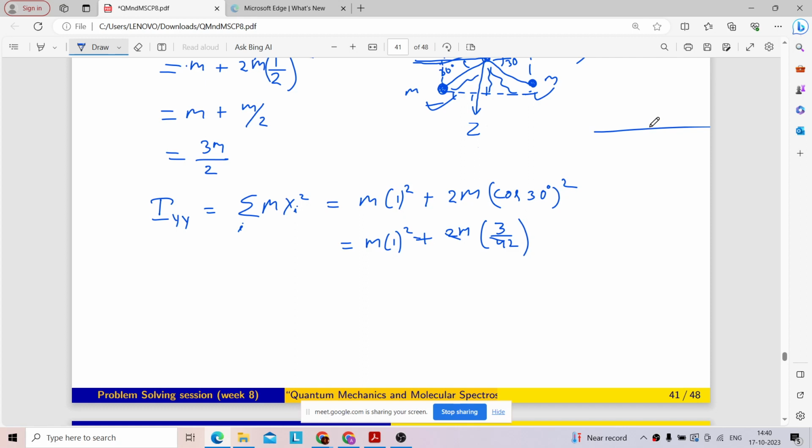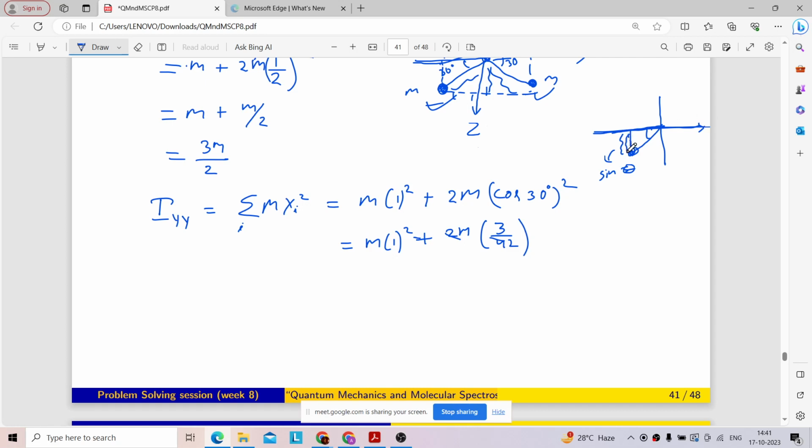For the x case, we needed to calculate the separation from the axis. If the reference axis is this one, we need to calculate the radius with reference to the axis.